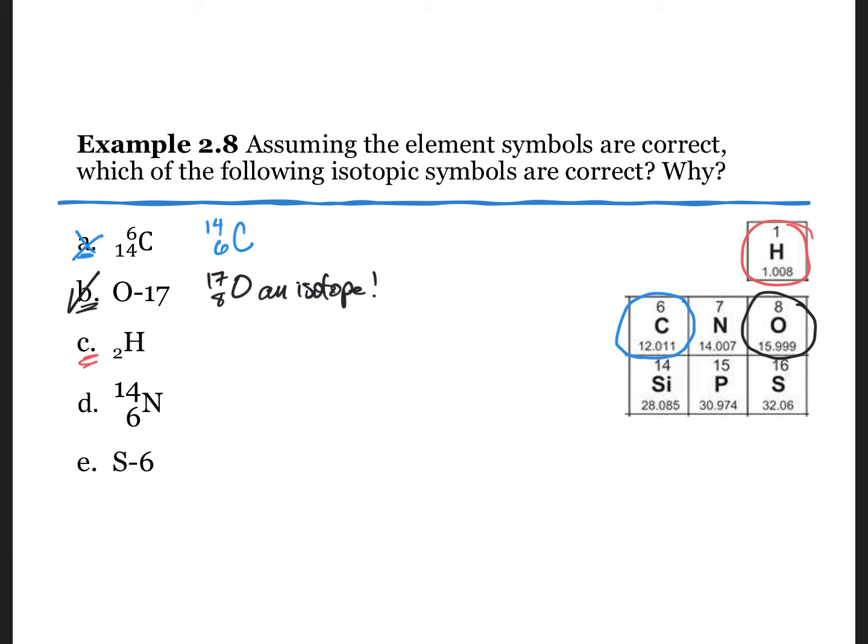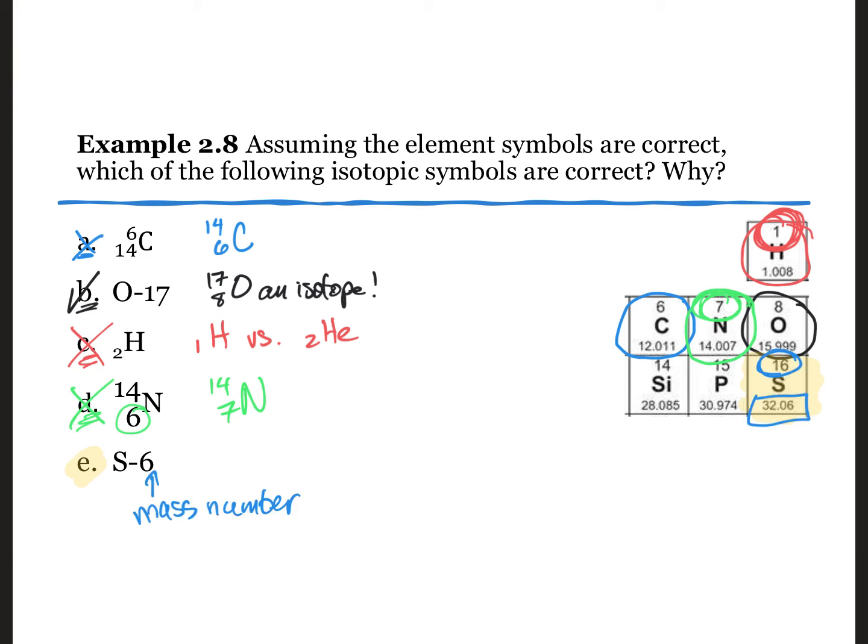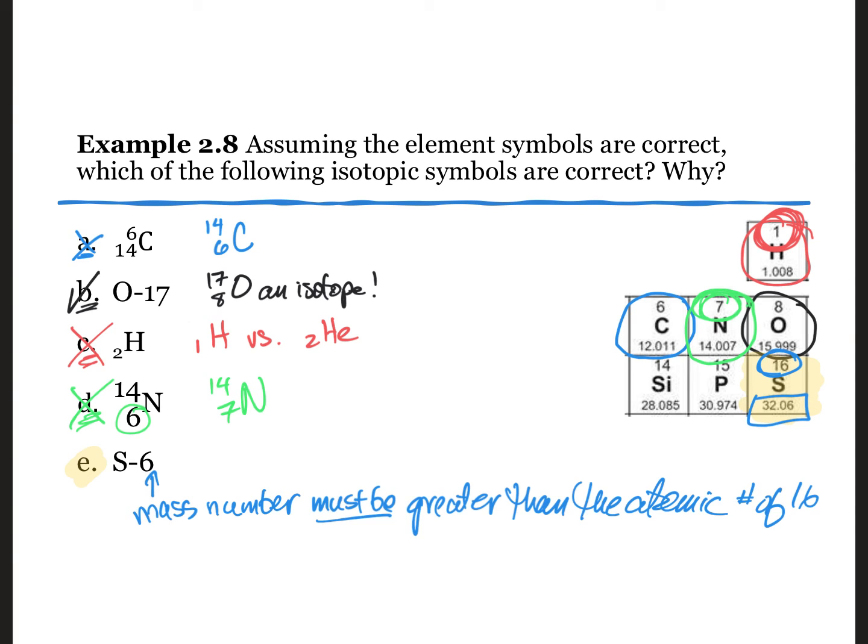C is incorrect because the atomic number for hydrogen is 1. D is incorrect because the atomic number for nitrogen is 7. E is also incorrect since the atomic number for sulfur is 16. So any mass numbers must be greater than 16.